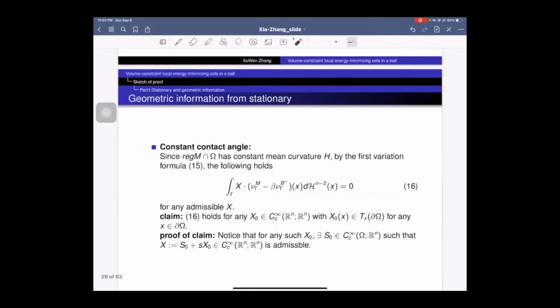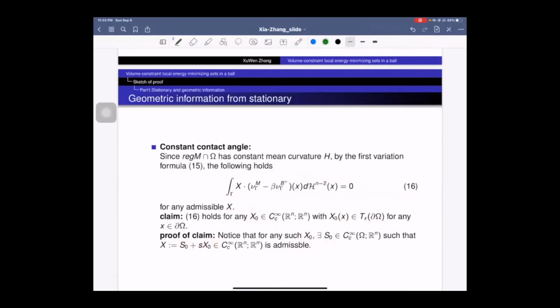To prove this claim, we simply notice that for any such x0, there exists another smooth vector field with compact support S0, such that if we use S0 plus a constant S times x0, this is admissible.